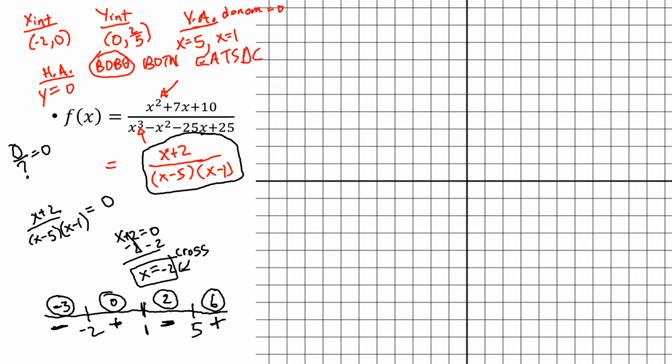So this is now enough for us to come up with our graph. First, let's put in the attributes. We know that we'll have a point at -2, 0. We'll also have a point at 0, 2/5. We have a vertical asymptote at x equals 1.